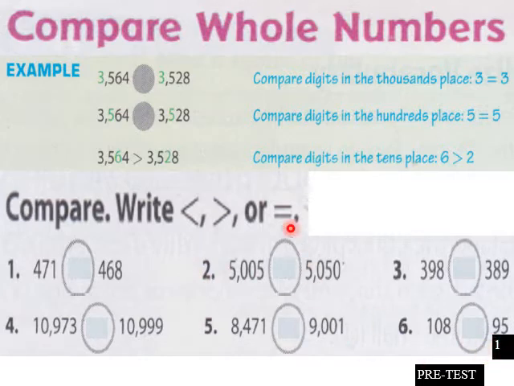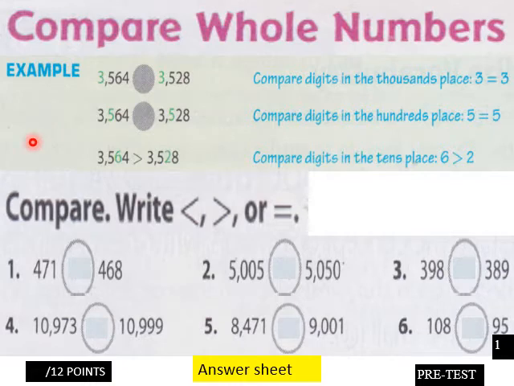Pretest. Page 1, comparing whole numbers. How are these two numbers here related to each other? We have examples here. Compare digits in the thousands, compare digits in the hundreds, compare digits in the tens. So that would be how you would systematically determine which number is larger than the next number.